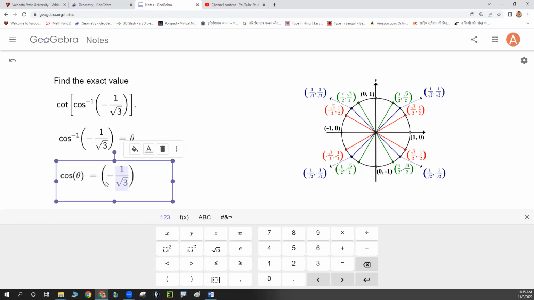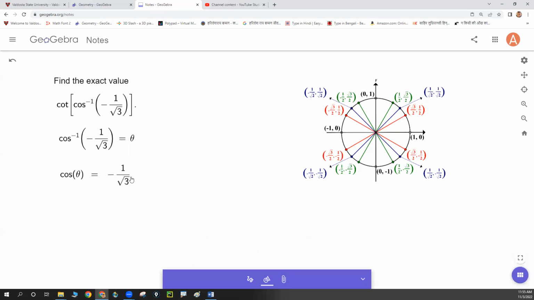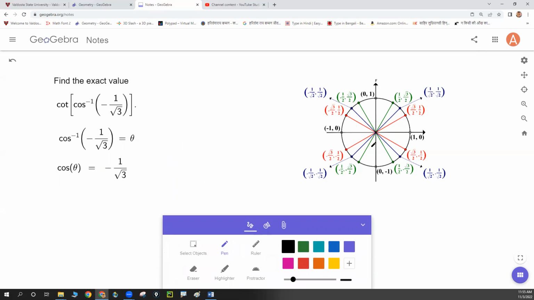I don't think we need a parenthesis here. It's not a big issue. Let's fix it. All right. Now, of course, theta is here. I have a unit circle. As you can see, theta has to be here. For what value of theta is cosine theta negative 1 over square root of 3?